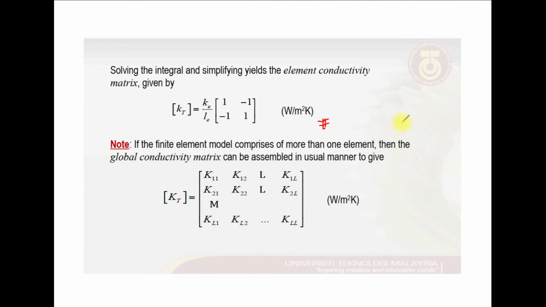For a 1D heat transfer problem, such as heat across a plane wall, the element conductivity matrix looks very similar to the one-dimensional structural problem, where we have the constant coefficients outside of the matrix and a square matrix of 2 by 2 with 1, -1, -1, and 1.